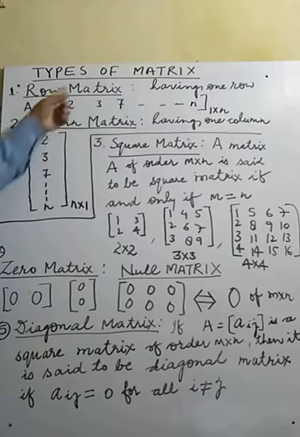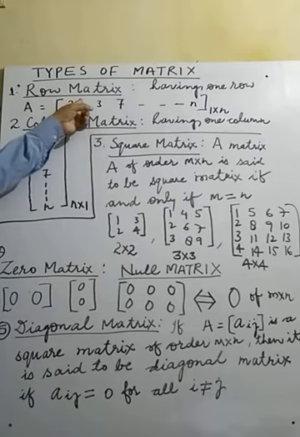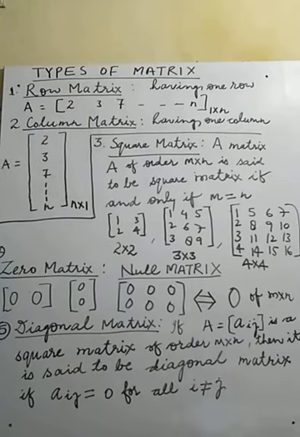In row matrix, only one row is here. In column matrix, only one column is here. This is the basic difference between row matrix and column matrix. I think you understand how to differentiate them; we can differentiate them very easily.